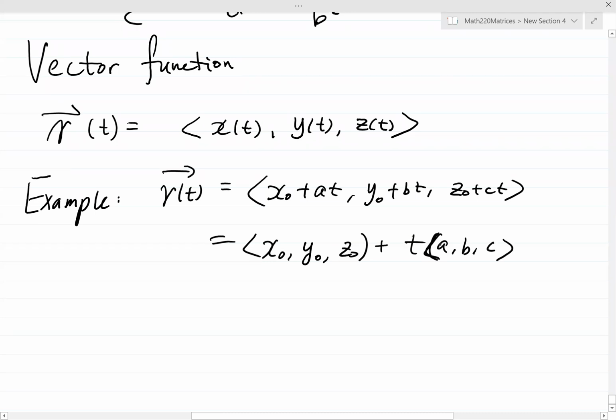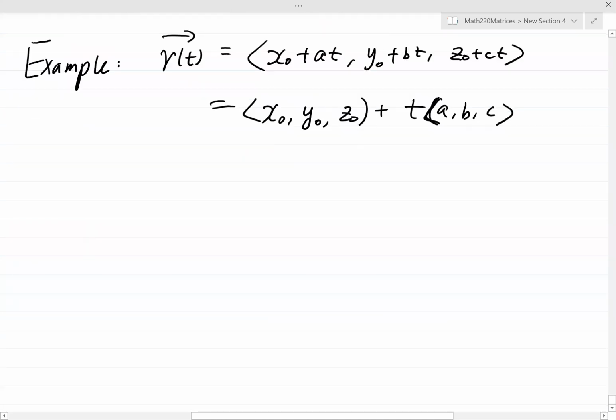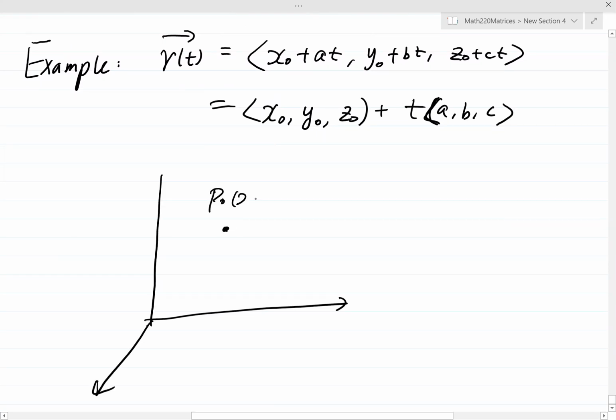The geometric picture is that we have a point P0, which is x0, y0, z0. Then we translate this point along a vector v, where v is a, b, c.